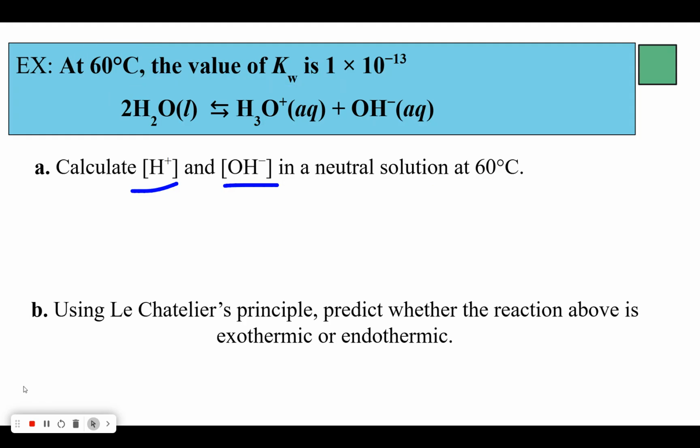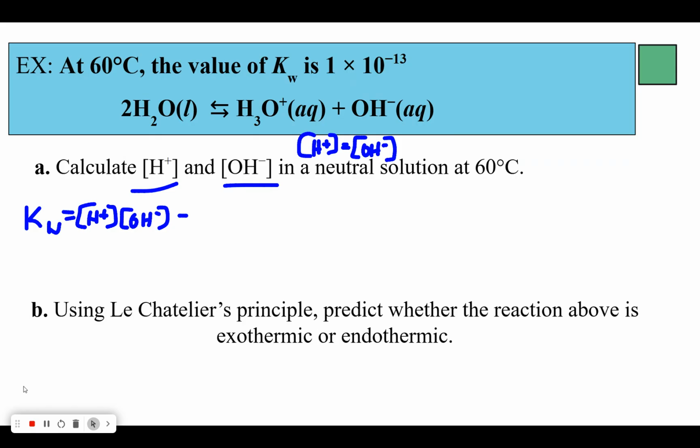But if it says that it's neutral, then that means that our H plus concentration is equal to our OH minus concentration. And if we use that K value, which remember, that K of water is going to be our H concentration times our OH concentration, products over reactants, but our reactants are liquids, so they don't exist.